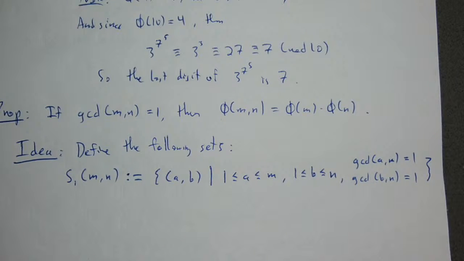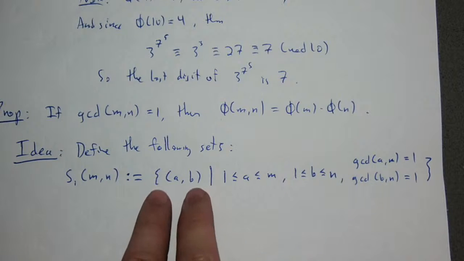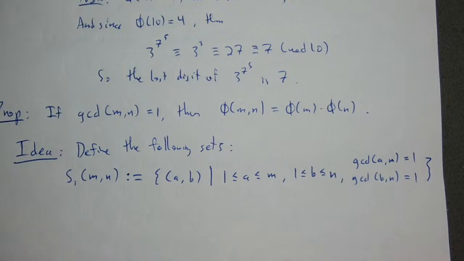So what is this? This is the set of all ordered pairs of integers a and b, such that a, the first slot, is between 1 and m, b, the thing in the second slot, is between 1 and n, a is relatively prime to m, and b is relatively prime to n. So really, these things are being put together independently.